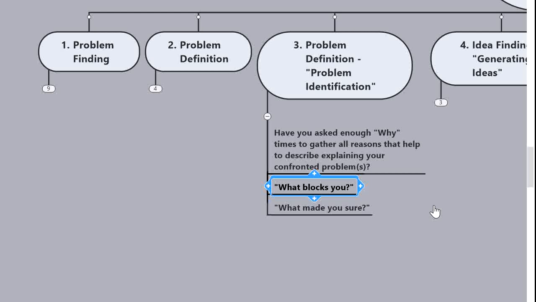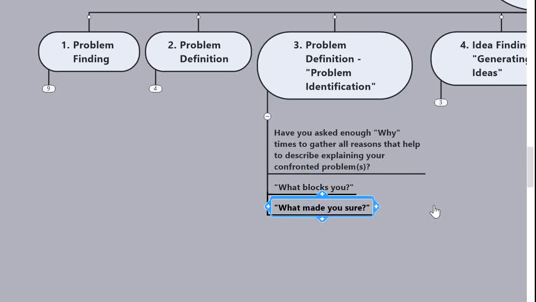That can help you to identify the right problem. For example, you can do that when you are applying Pareto analysis as a problem identification tool. So we use a question like that.